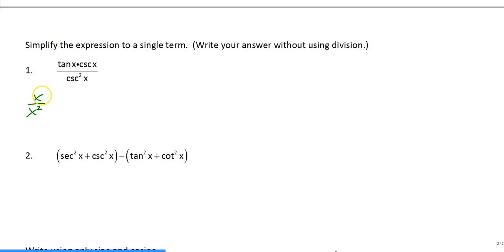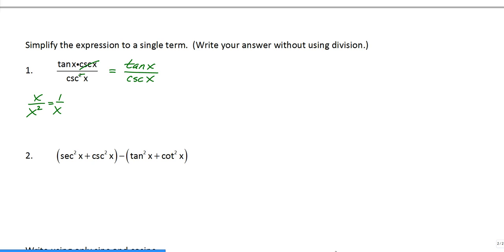We would simplify, we have 1x on top, 2 on the bottom, so that would simplify to 1 over x. Well, the same things can happen with trig functions. So we have 1 cosecant x on top and we have 2 on the bottom, so that can simplify to tangent x over cosecant x, because this one cancels one of the two that are on the bottom.